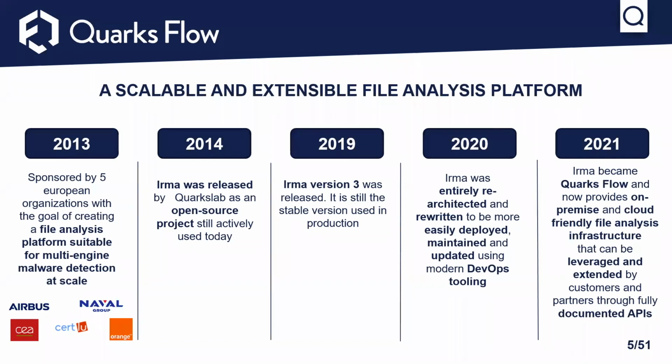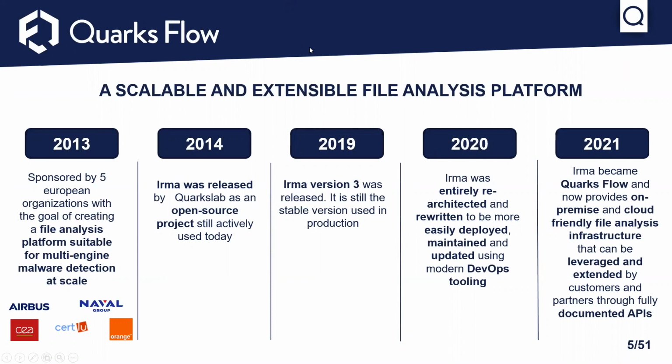And here's a quick introduction to the history of our product. As I said, Quarks Flow is a scalable and extensible file analysis platform. It originated in 2013 when 5 European organizations sponsored the development of our initial product, which was called IRMA.